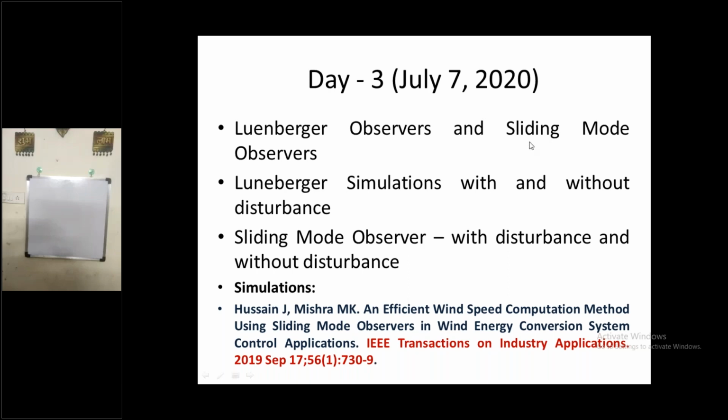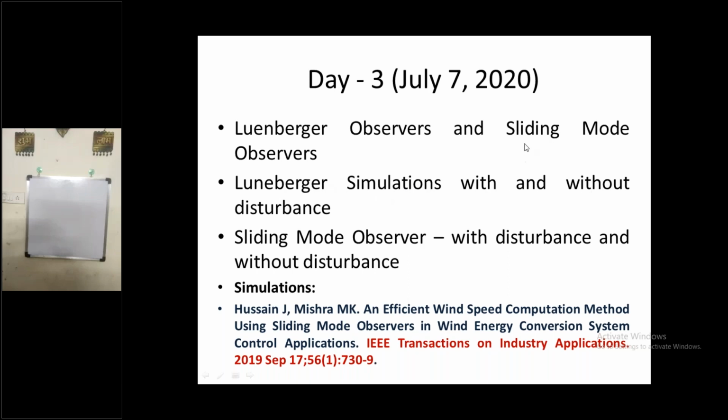As soon as a disturbance or unknown disturbance comes into the picture, the sliding mode observer is capable of rejecting that uncertainty; a certain class of uncertainties can be rejected. And we have seen the Luenberger simulation with and without disturbance.